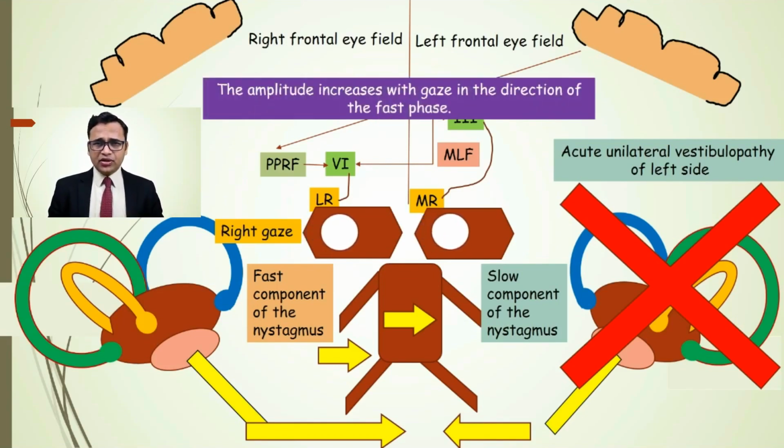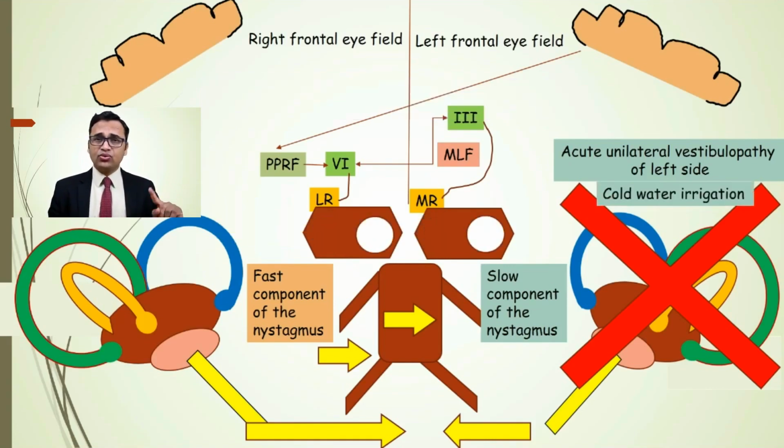Now here the important point is the amplitude of the nystagmus increases with the gaze in the direction of the fast component. Now the patient is looking towards the right side and the fast component is also on the right side. Therefore, the amplitude of the nystagmus increases when the patient is asked to look towards the right side.